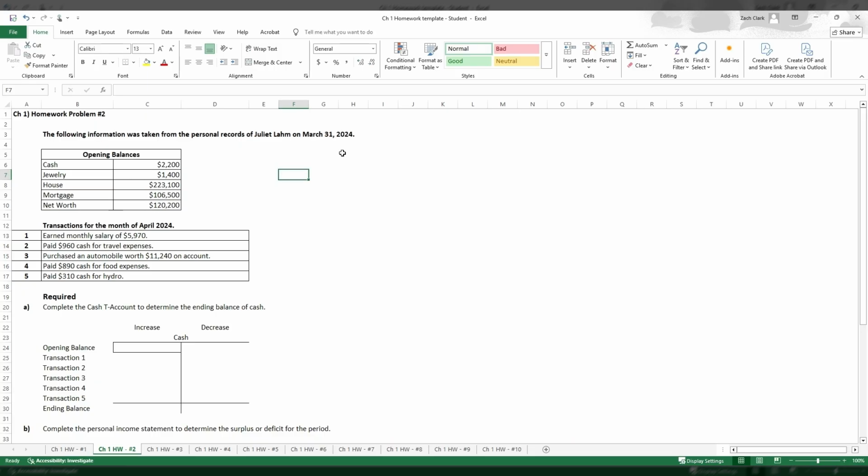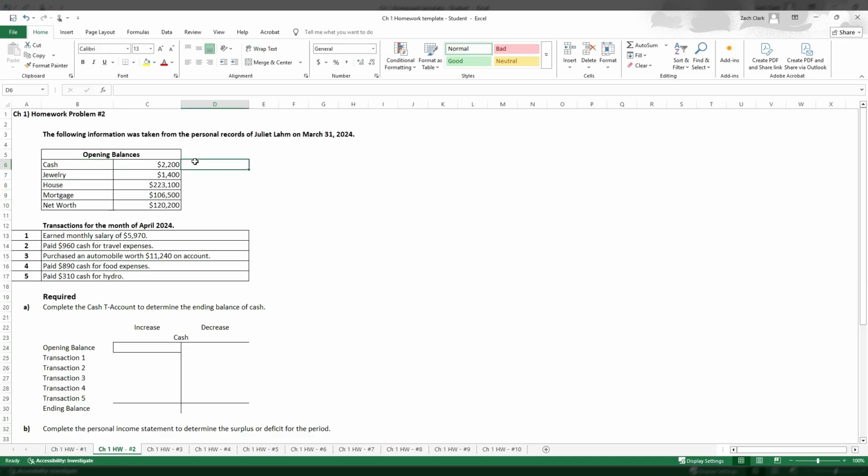So on March 31st, we've got opening balances we showed as $2,200 of cash, $1,400 of jewelry, $223,100 of the house cost, the value of that, or I should say the historical cost paid, the mortgage of $106,500, and net worth of $120,200. So this is our starting point, our opening balances for these assets for us.